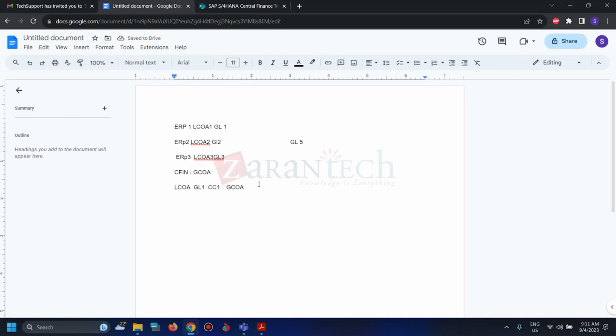Then what will be your GL account in Central Finance, and the company code you have used in Central Finance? It can be CFIN1. Similarly, you will have mapping for all the objects you are using in Central Finance systems.